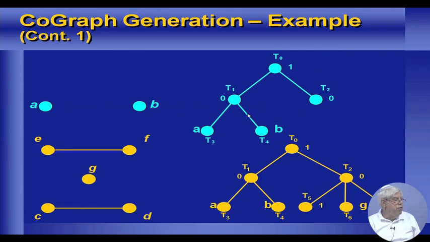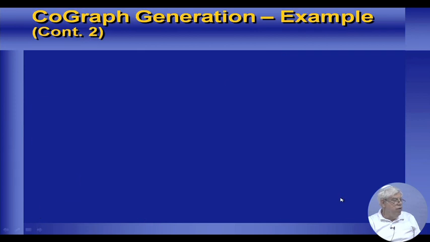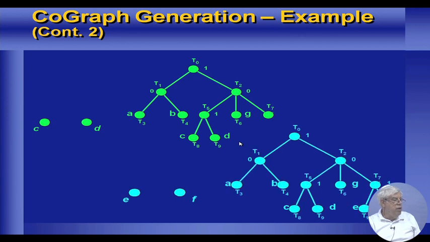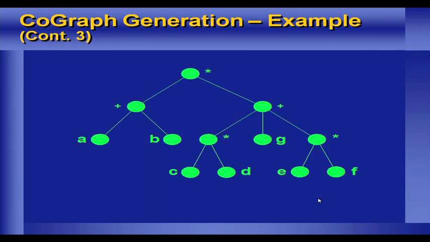Here's my CoTree so far. Then I look at this part. It builds this part of the CoTree, and continuing right along, adding CD, I'm growing my CoTree just by decomposing. And this ends up being the CoTree for the original graph. And there it is in another view.